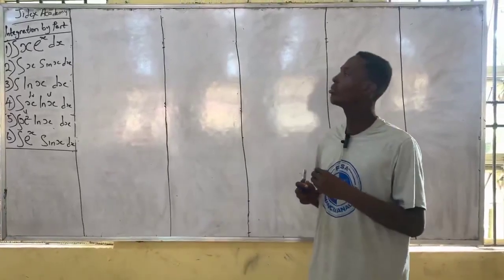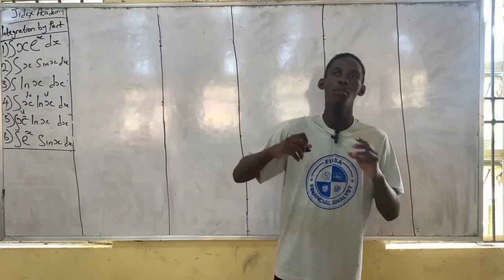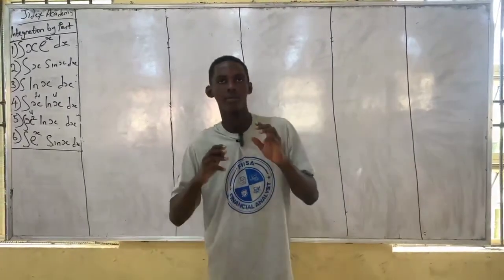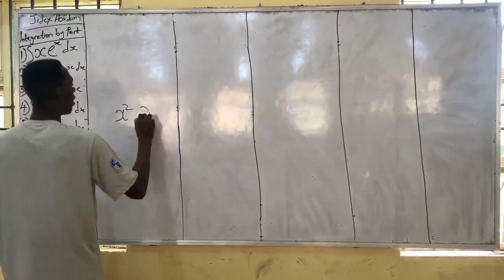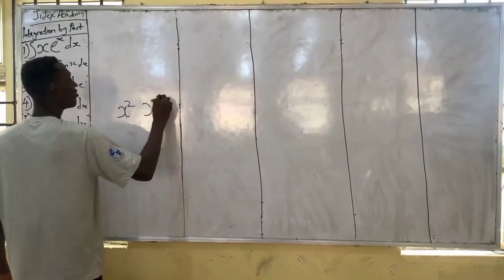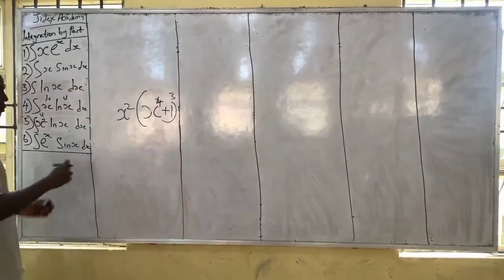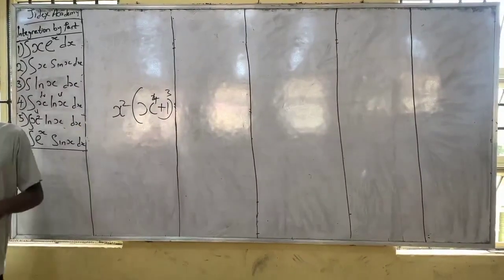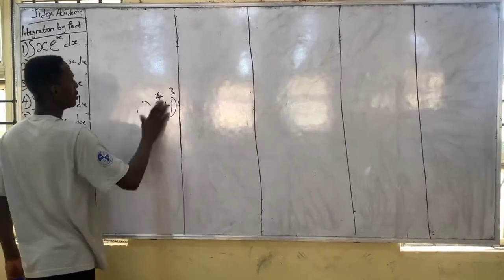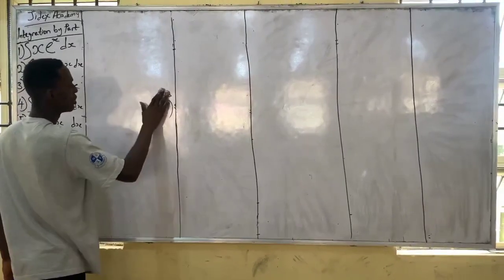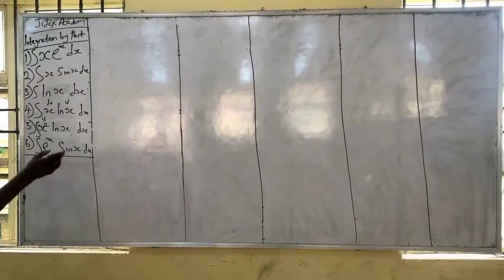But the moment you come across a question in which you cannot do that, for example, you have e to the power of x squared, or maybe e to the power of x to the power of 4 plus e to the power of 3, then you know that u-substitution is not going to be able to do anything here. For stuff like this, you'll be able to use integration by parts.